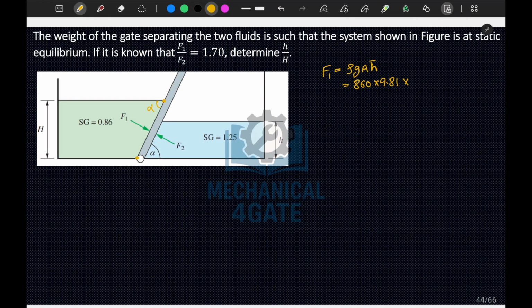Let's say the distance from this point to this point on this side is L1, and on this side is L2.